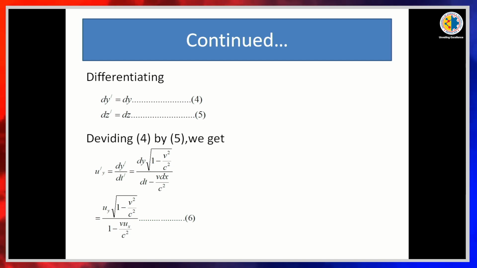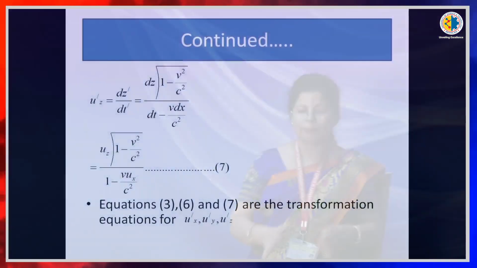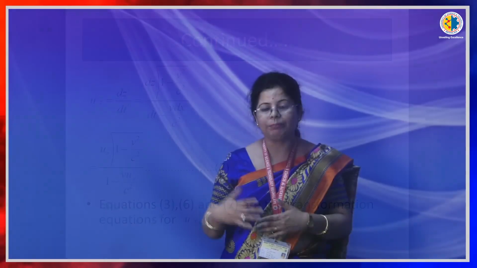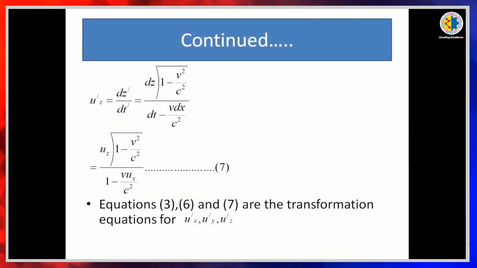So we find u dash x and u dash y, the velocity components in the x and y directions. Similarly, by the same procedure, we find u dash z, the velocity component in the z direction, given by equation number 7.